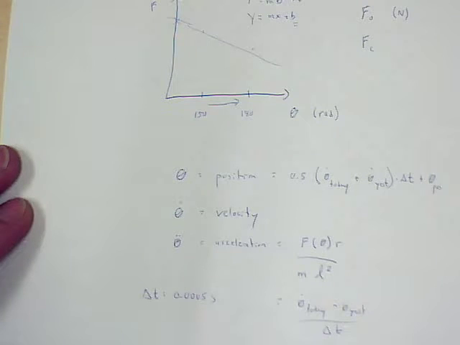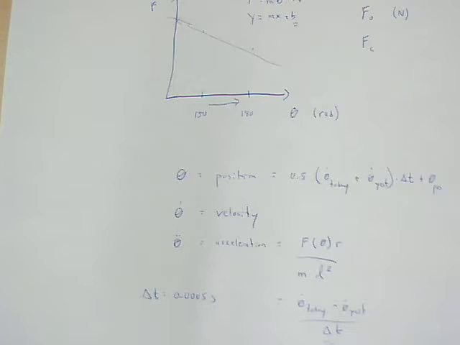We can use that acceleration to determine what our velocities are using our change in time that we just noted of 0.005 seconds. And that's just arbitrary. We're using 0.005 seconds because we want to record the change every 0.005 seconds so we can determine as closely as we possibly can how much time exactly it takes for our shutter arm to close.